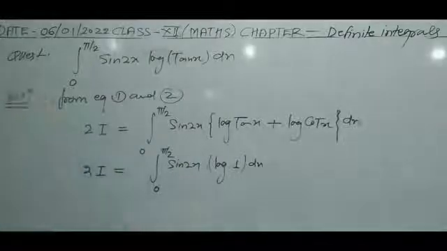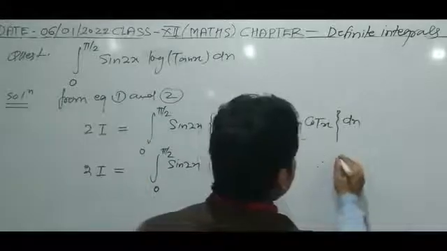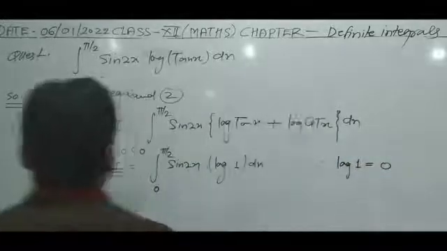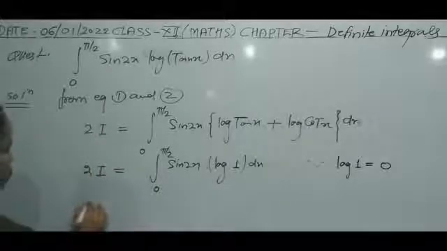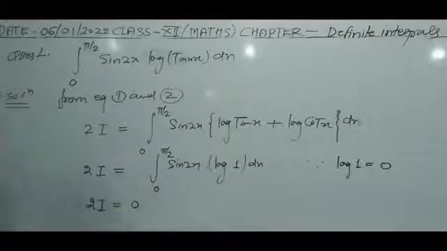And you know log 1 value is 0. Since log 1 result is 0, therefore 2I we can write 0.